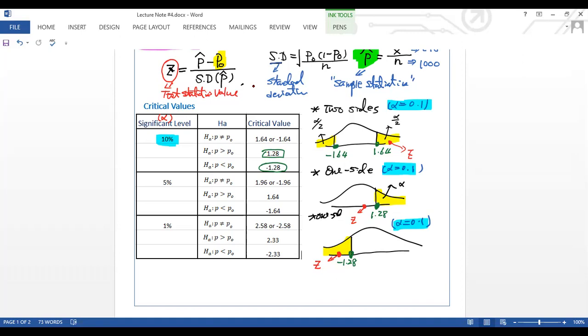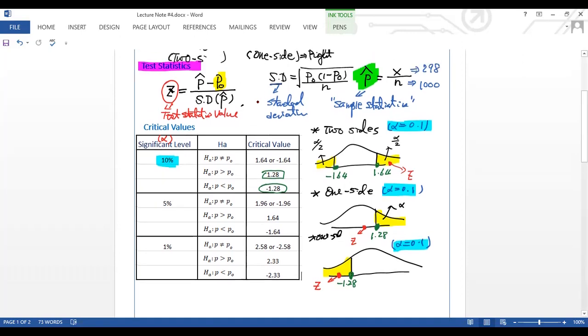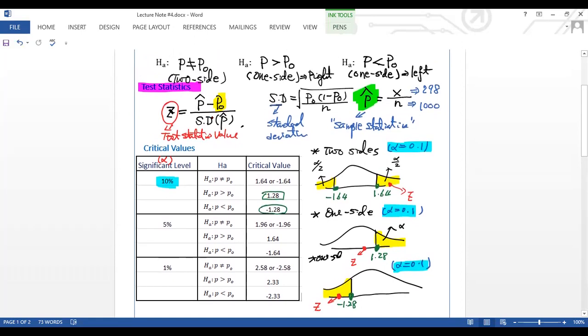Okay, so now the next thing here. If you don't have any calculator software, you don't have those fancy graphing calculators, you can always just use your regular calculator and calculate this value pretty easily, and then compare with the critical value.